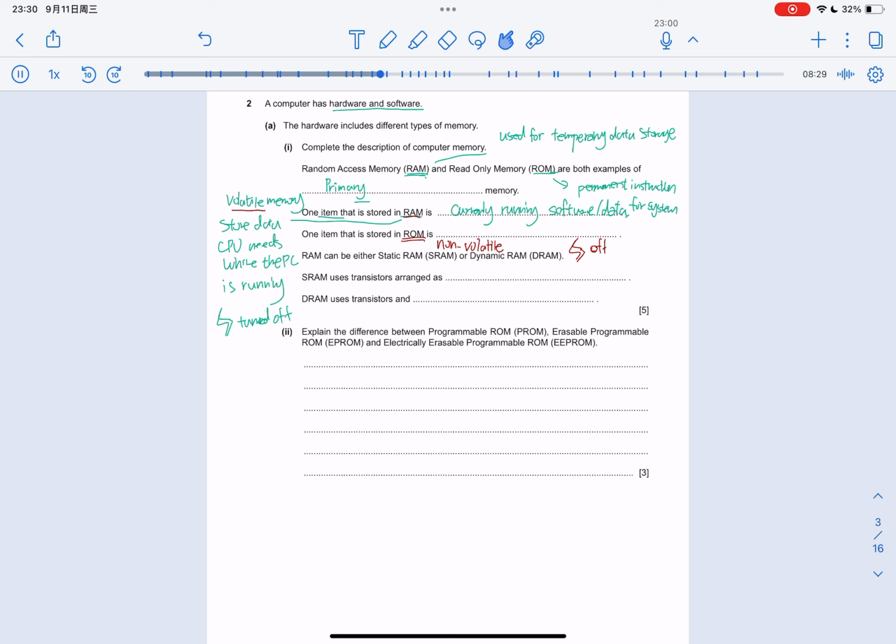So the data like BIOS, this is the startup instruction, or we can just say BIOS.